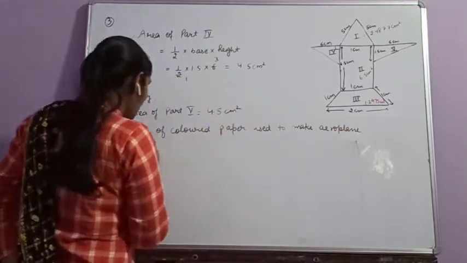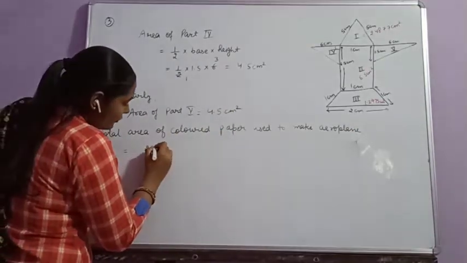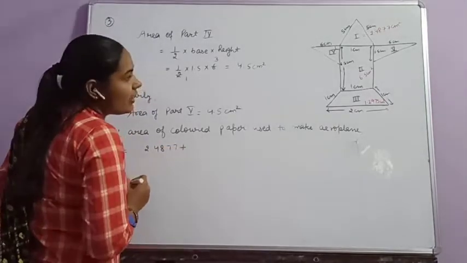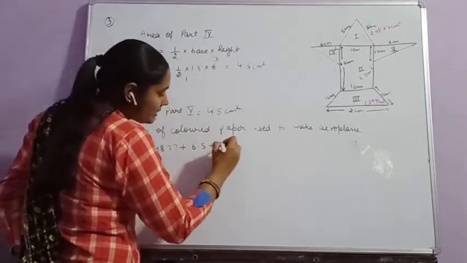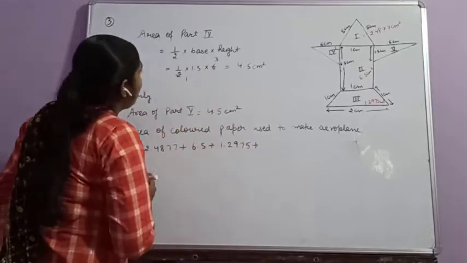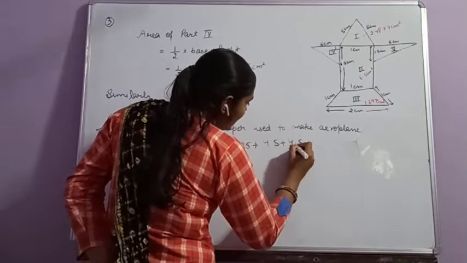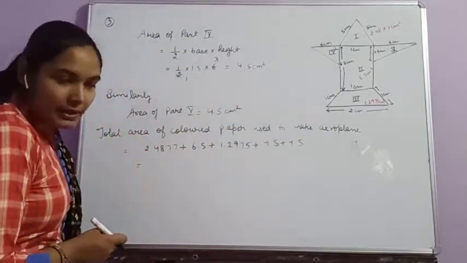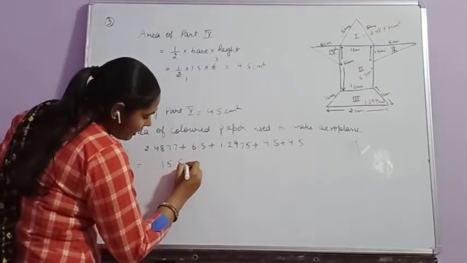Total area is equal to area of part 1, which is 2.4877, plus area of part 2, that is equal to 6.5, plus area of part 3, that is equal to 1.2975, plus area of part 4, that is equal to 4.5, and area of part 5, that is equal to 4.5. 4.5 plus 4.5, that will be equal to 9. 9 plus 6.5, that is equal to 15.5 plus.